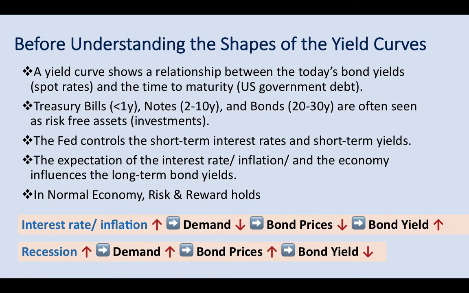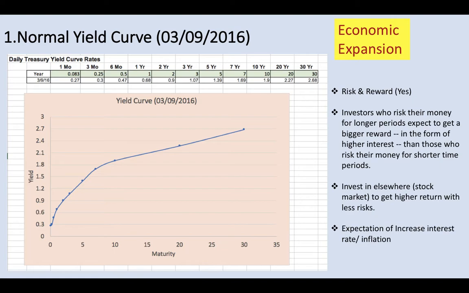You have to understand those relationships to understand the shape of the curve. First, the normal curve. The reason we say normal is that risk-reward holds. If you invest short term, let's say 1-year bonds, you should expect a lower yield than if you invest in 30-year bonds. So this is upward sloping, so it's normal.